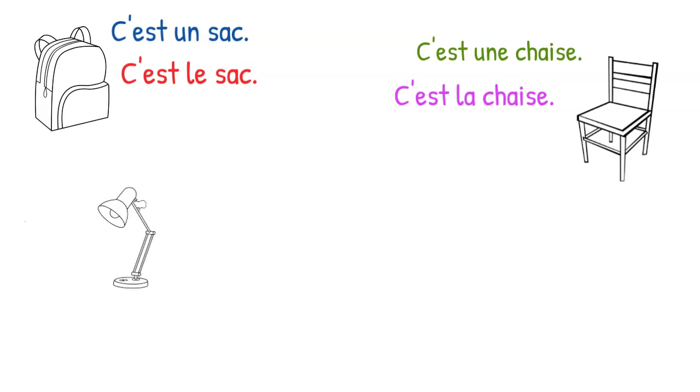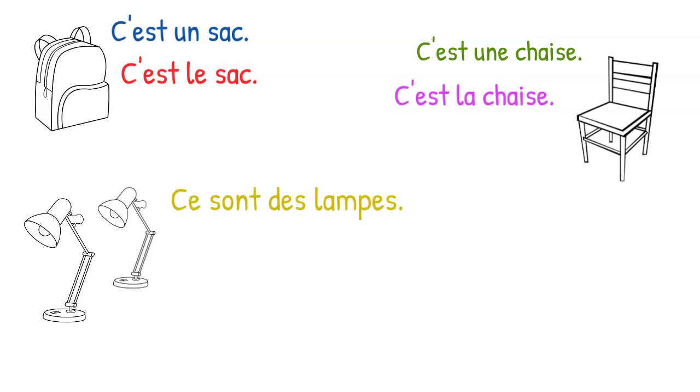It's a chair. Say la chaise. This is the chair. For example, this is the chair that I want. Now here we have two lamps. Plural. So ce sont des lampes. These are lamps. Ce sont les lampes. These are the lamps that I like. Definite. So you have c'est un sac, c'est le sac, c'est une chaise, c'est la chaise, ce sont des lampes, ce sont les lampes.